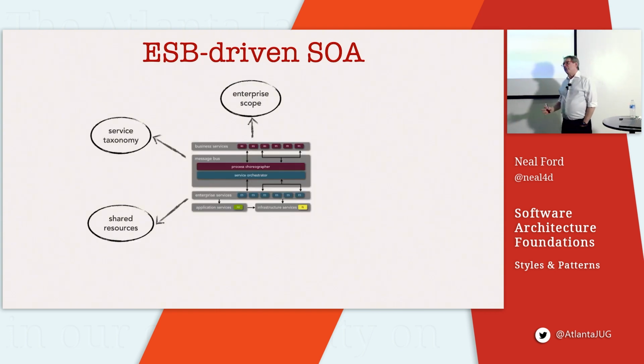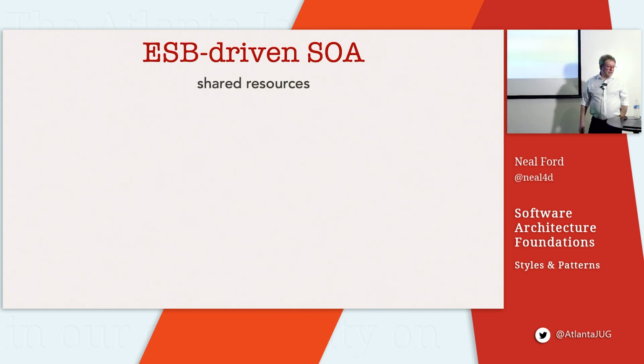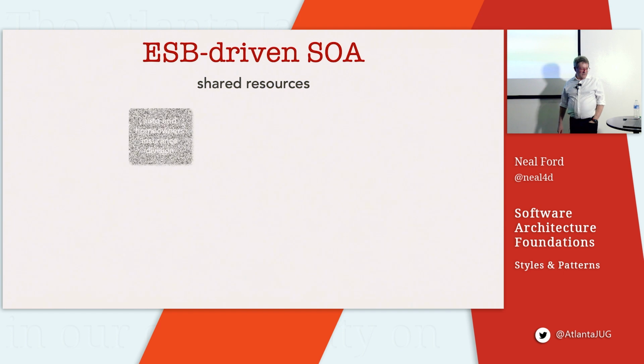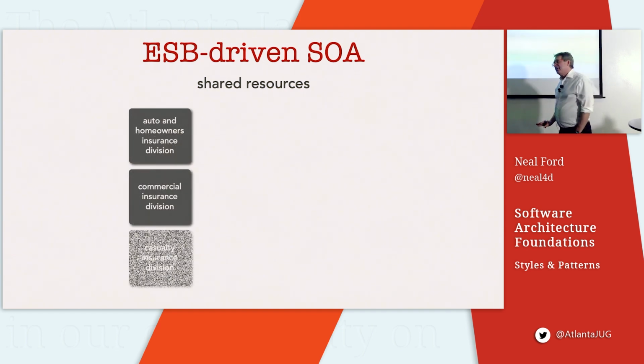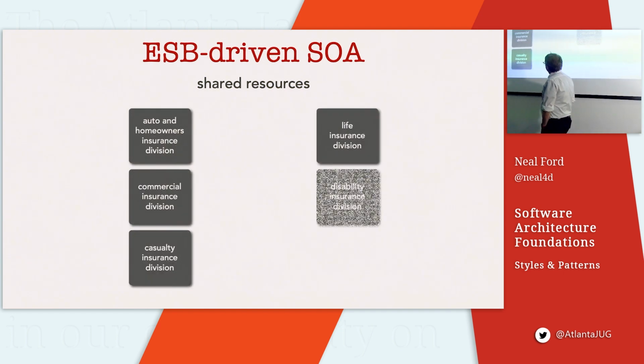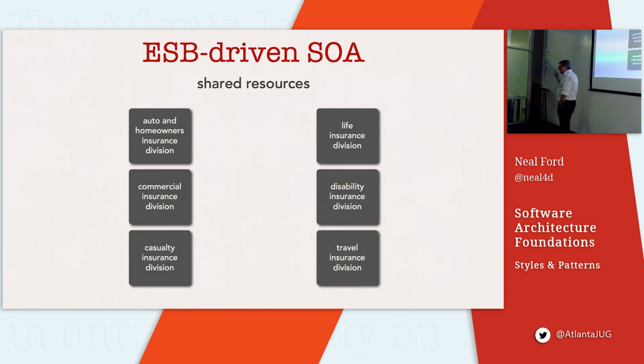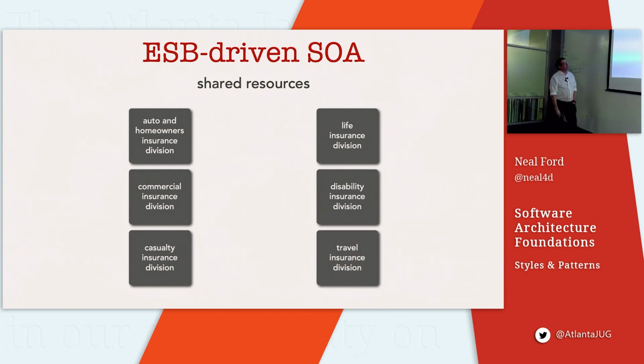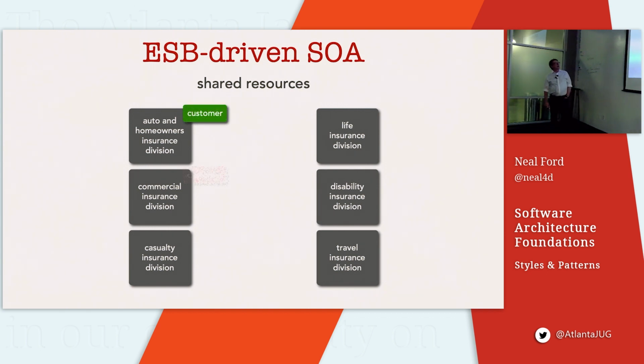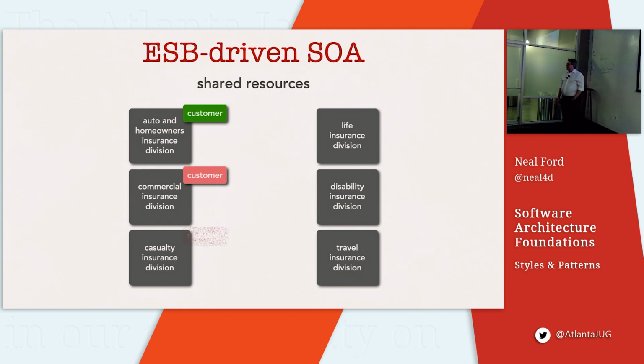And part of the motivation behind this architecture was this idea around shared resources and reusing stuff. And in fact, as an architect in this world, you were meant to look for this particular pattern. So let's say you're a big insurance company, you have all these insurance divisions, and at one point you notice, hey, wait a minute, every one of these divisions has some concept of a customer in it.